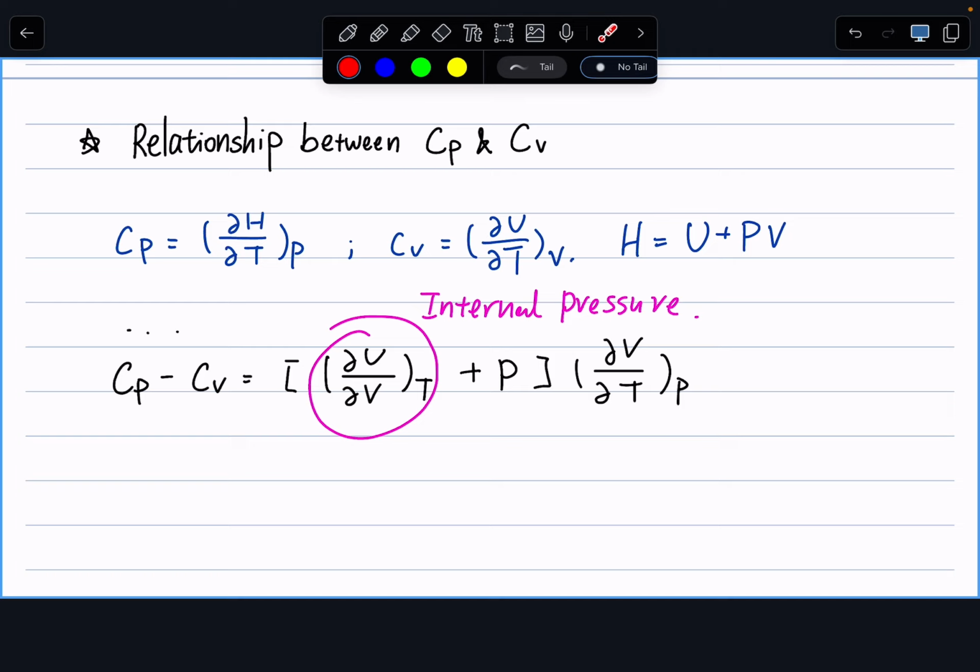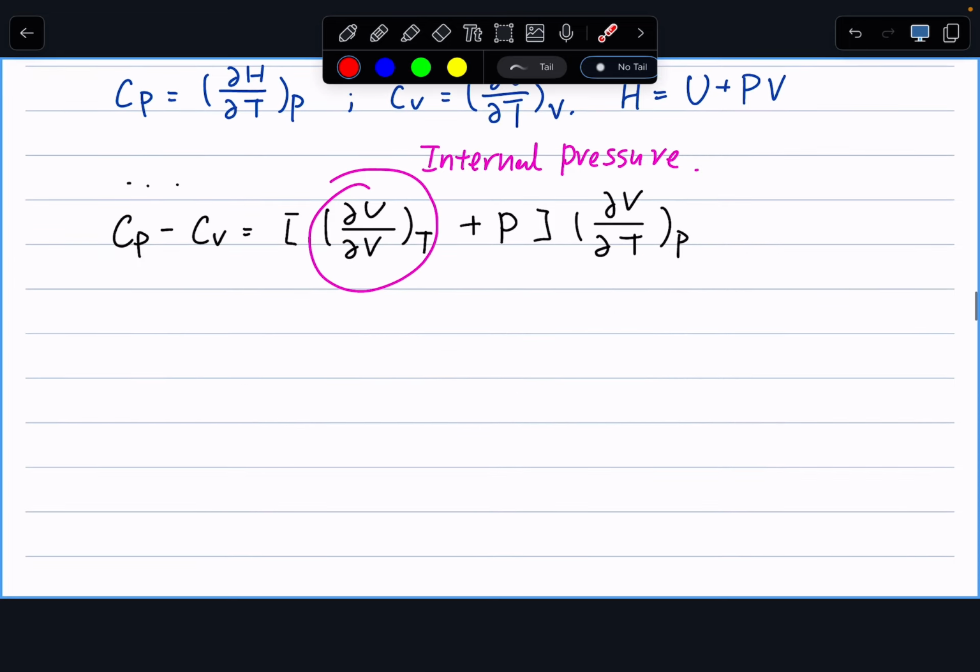So these are the two things we will be using. Now, assuming we're looking at ideal gases, can we solve for the difference between your heat capacities, Cp and Cv, using the ideal gas law? So in this process, if we're using ideal gases, what do we know? First of all, for ideal gases, our internal energy only depends on temperature.